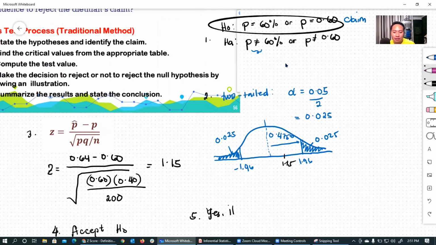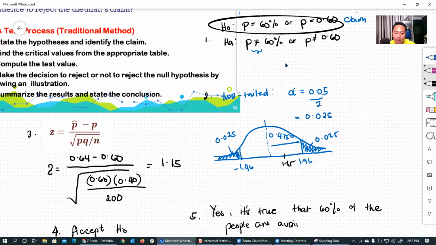Let me write it properly. Yes, it's true that 60% of the people are avoiding trans fats. There you go.